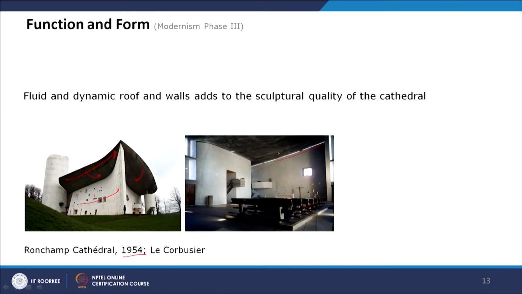So this is a cathedral designed by Le Corbusier, and this building also has this brutalist approach of exposed concrete, and this also can fall under brutalism. So we'll discuss brutalism later, but because of the sculptural quality and the curvilinearity, this comes under the similar phase.